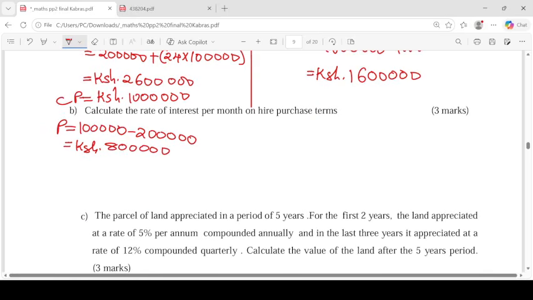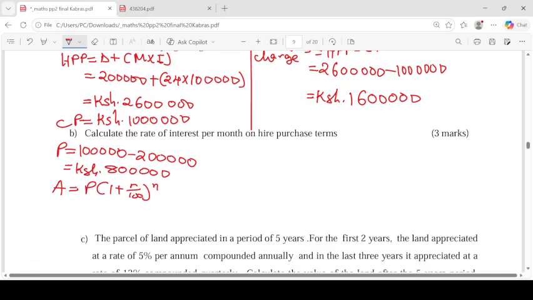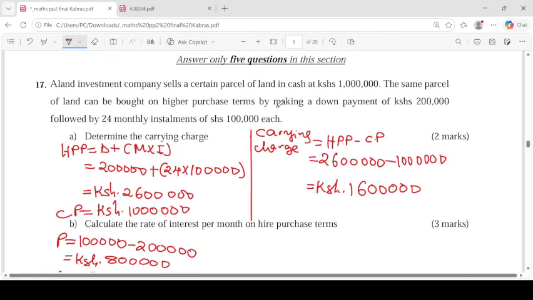Now we know that from the compound interest formula, amount is given by P into 1 plus R over 100 to the power of N. Then let us substitute it. Our amount in this case is, now how much in total did this person pay? I want us to be very clear. This person paid 100,000 in 24 months.